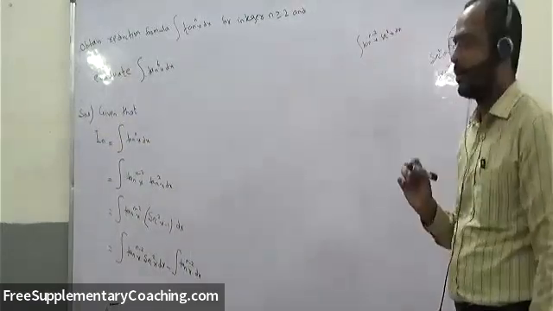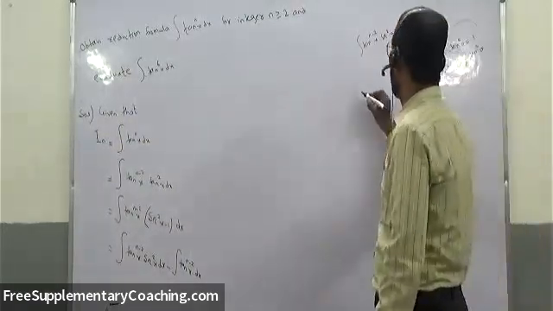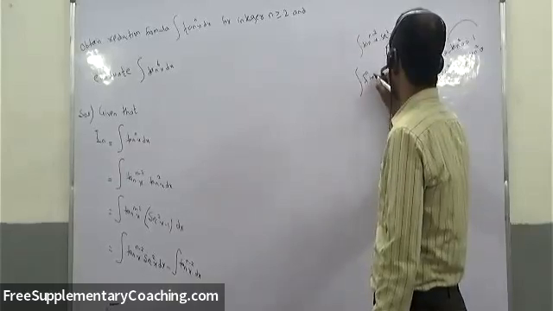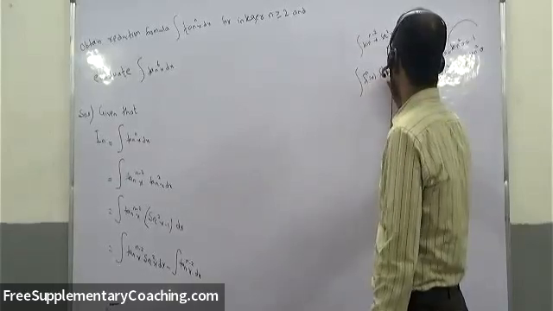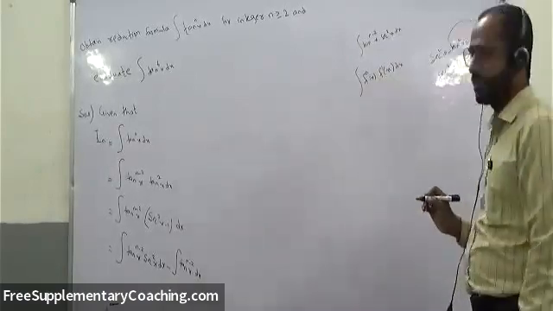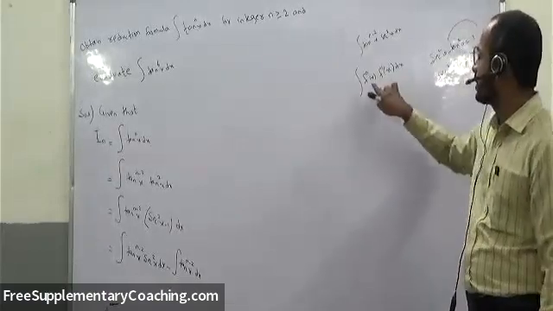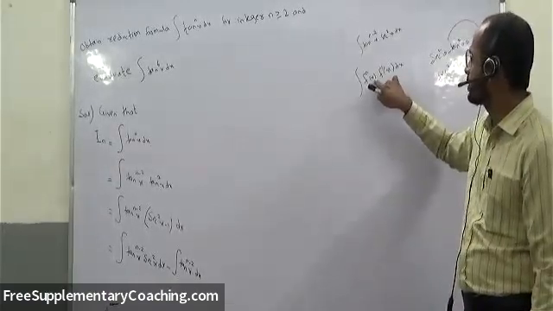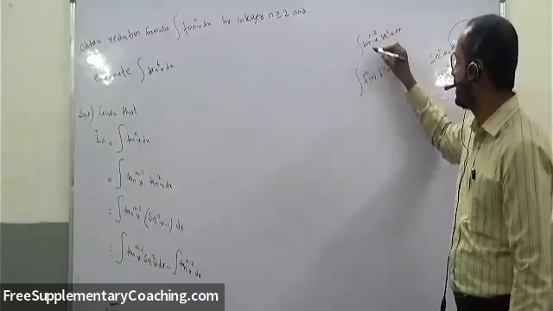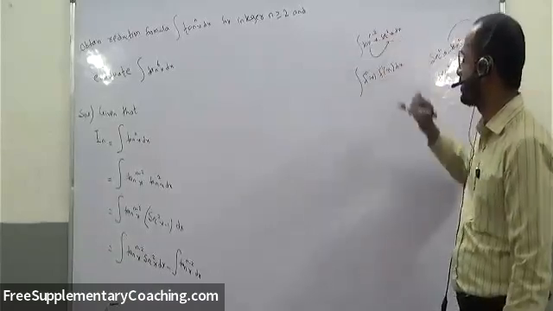We have integration of f power n of x, with its first derivative. If you observe, f of x is tan x, and f to the power n minus 2 of x is tan power n minus 2 x. Its derivative is here only.